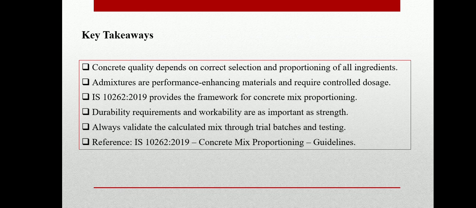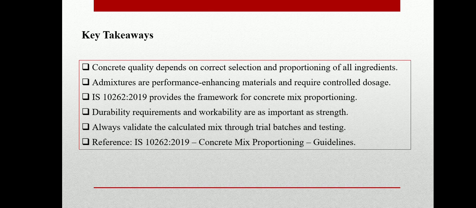Let us wrap up with the key takeaways from today's presentation. First, the quality of concrete depends fundamentally on the correct selection and proportioning of every single ingredient: cement, aggregate, water and admixtures when used. Second, admixtures are performance enhancing materials, but they require carefully controlled dosage and always demand compatibility checks.